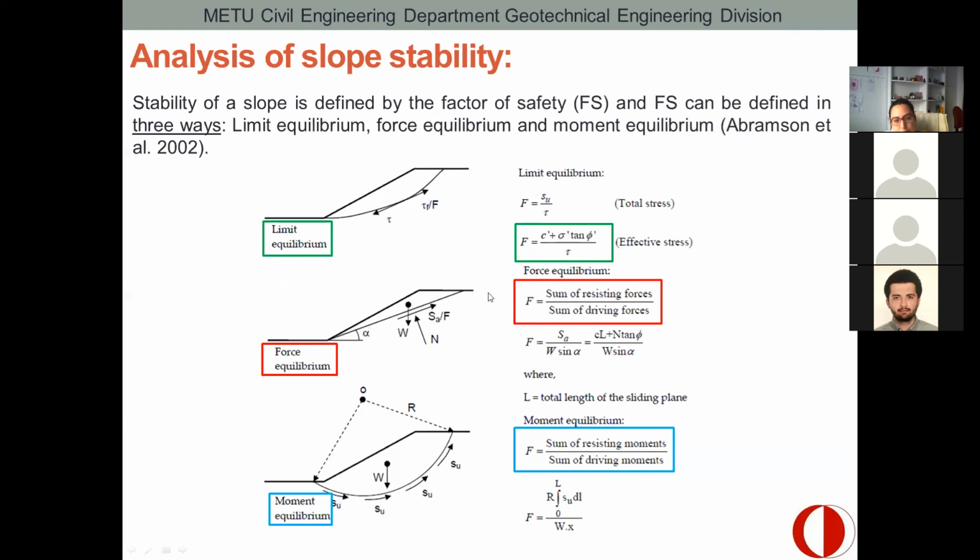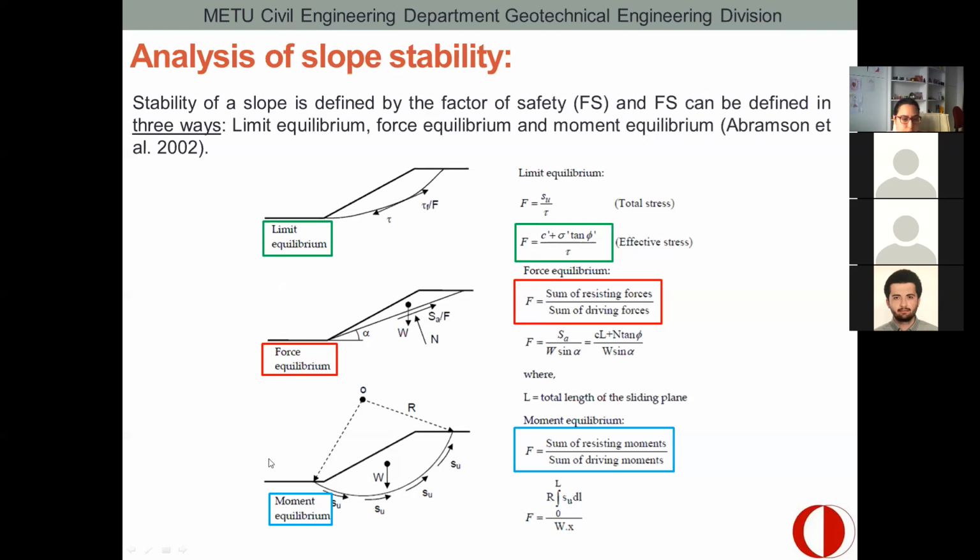The resisting forces are typically frictional forces, and the sum of resisting forces divided by the sum of driving forces is equal to the factor of safety. So there are some cases or some failure mechanisms where force equilibrium is used to define the factor of safety. For these cases, we are very lucky because most of the time it's really easy to calculate the resisting forces and the driving forces, and the factor of safety is one divided by the other.